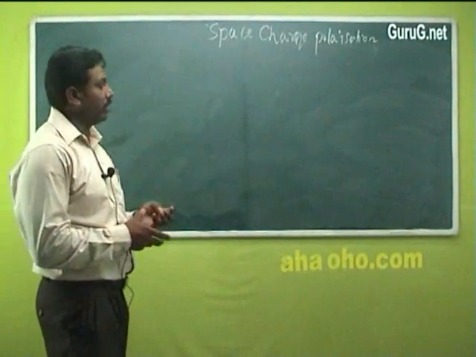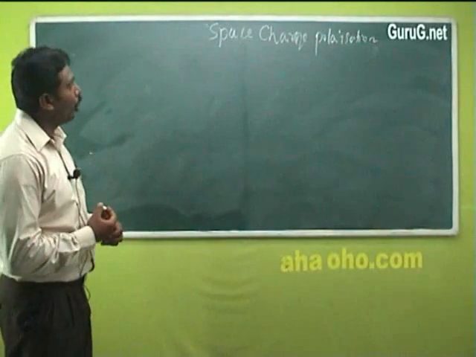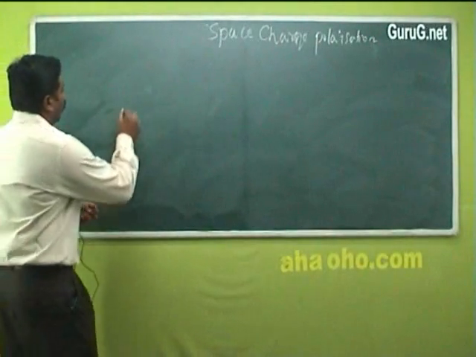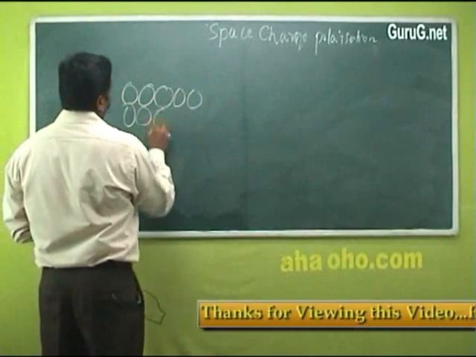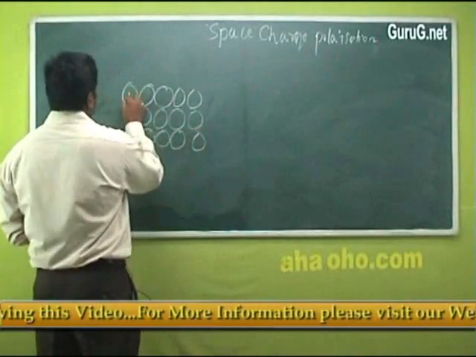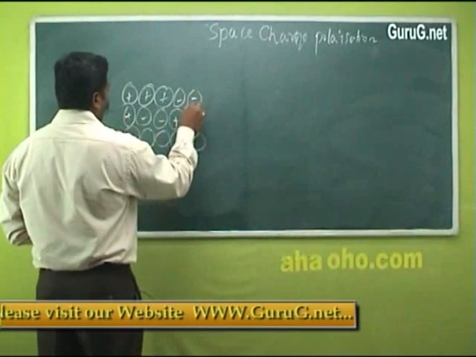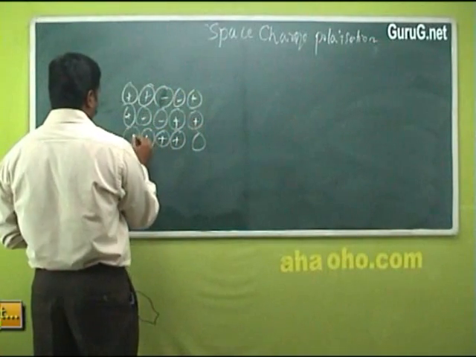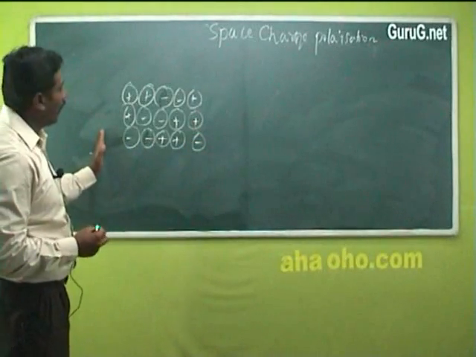Space charge polarization occurs due to the diffusion of ions and redistribution of charges. This type of polarization is called space charge polarization. For example, this is before the application of the electric field.